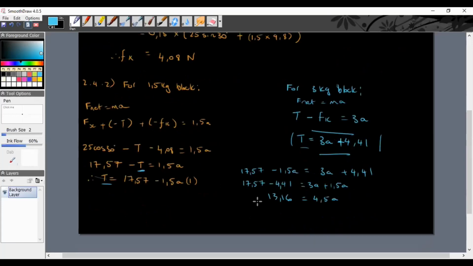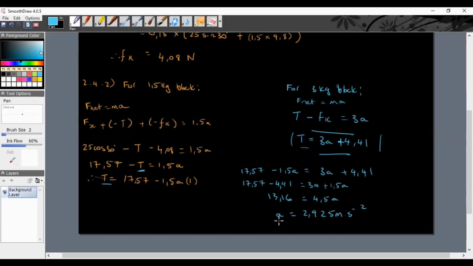I should get acceleration equal to 2.92 meters per second squared. Or if you want to round it to 3 decimal places, you could say 2.925, because you get 2.9245. But you're not done yet.